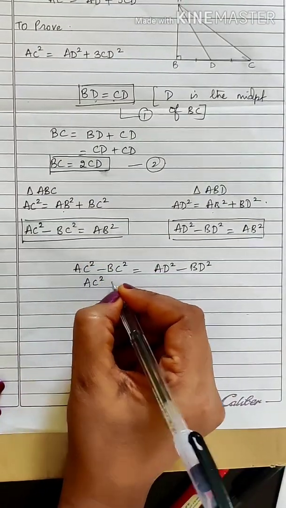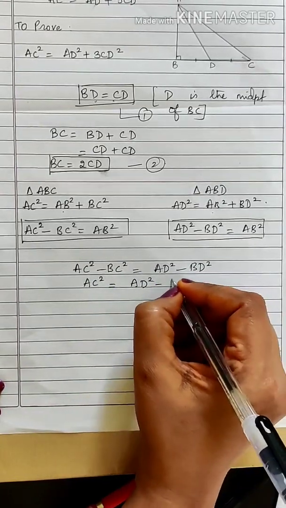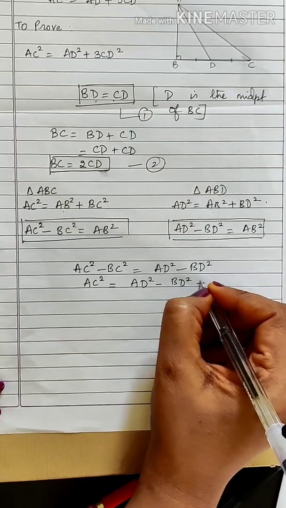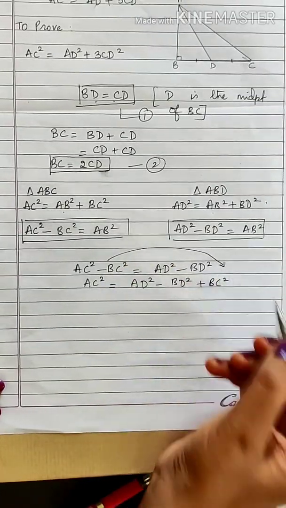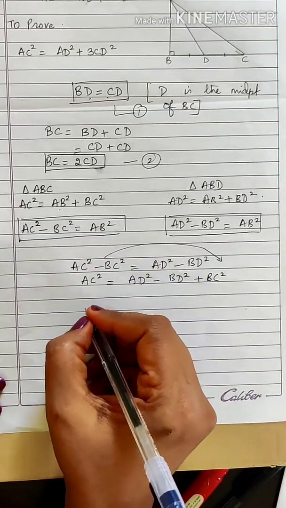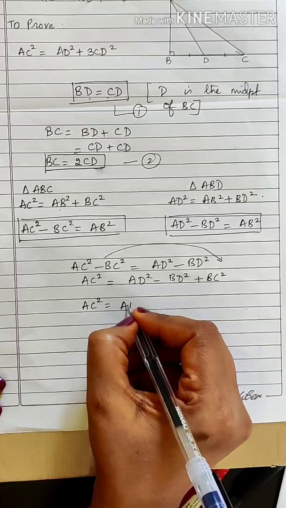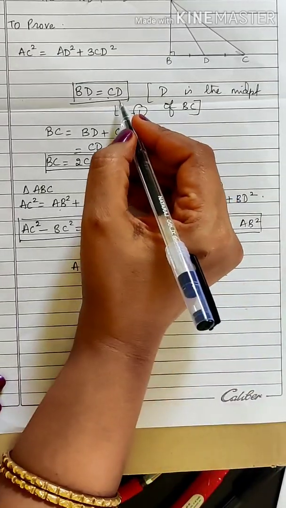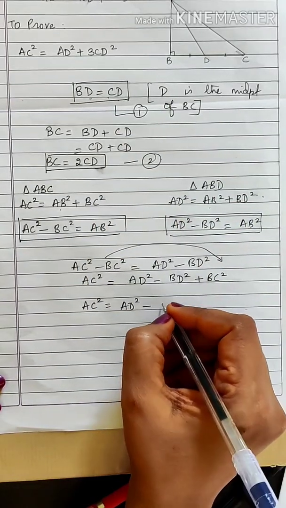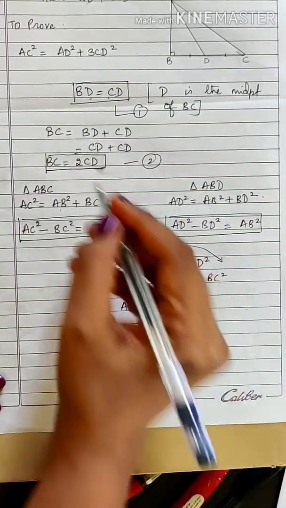You finally solve. AC square is equal to AD square minus BD square plus BC square, transposing minus BC square to the right hand side. So you get AC square is equal to AD square minus, what is BD? BD is CD. So CD square plus, what is BC?